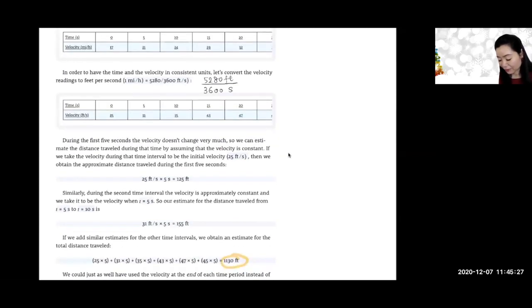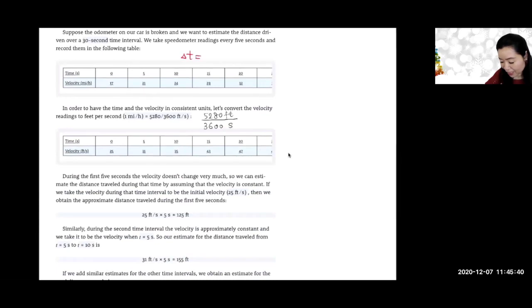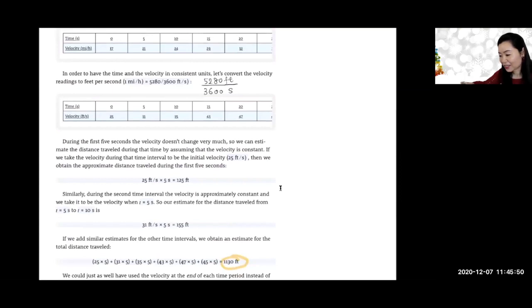So notice that the delta t over here is going to be 5 seconds. Every 5 seconds you take the reading, so the time interval is going to be 5 seconds each. Now, during the first 5 seconds, the velocity doesn't change very much, because the time is so short, only 5 seconds.